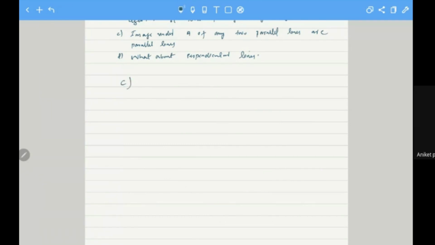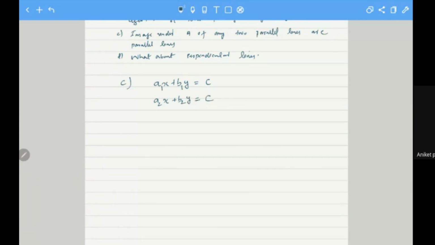So we have to look at the image of parallel lines. What are the equations of the two parallel lines? a1 x plus b1 y equal to c, and a2 x plus b2 y equal to c.